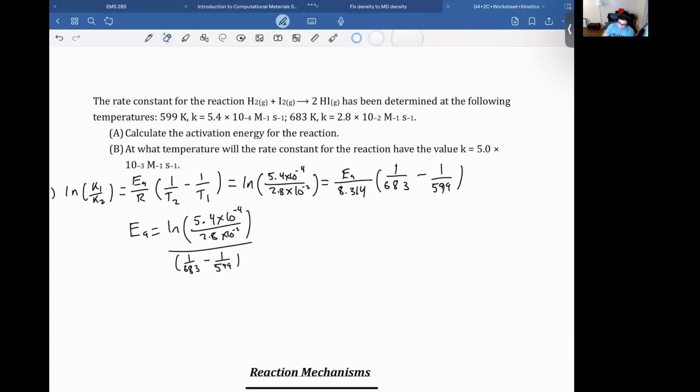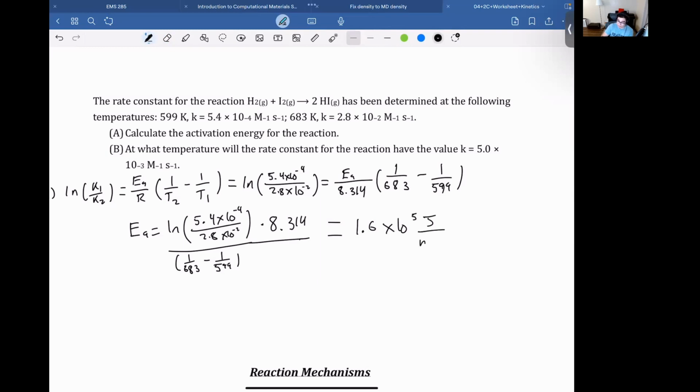And then all of this times, or on the top, 8.314. Now you just plug into your calculator, and you get 1.6 times 10 to the fifth.